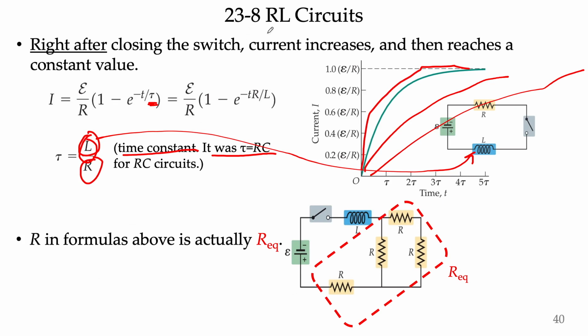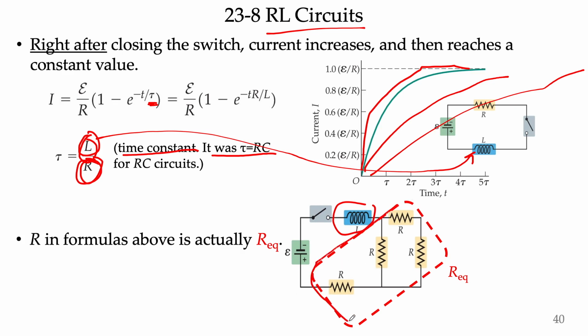Okay, one more thing about RL circuits. If you have a circuit like this, let's say, again, you have a battery, you have the inductor here, and you have a bunch of resistors like this. So what should be this R in the formulas that we used? Well, it will be not one of these, but the combination of all of them.